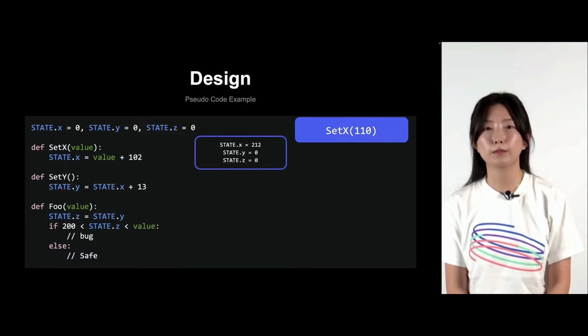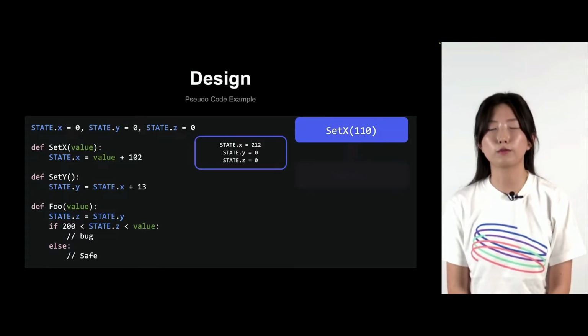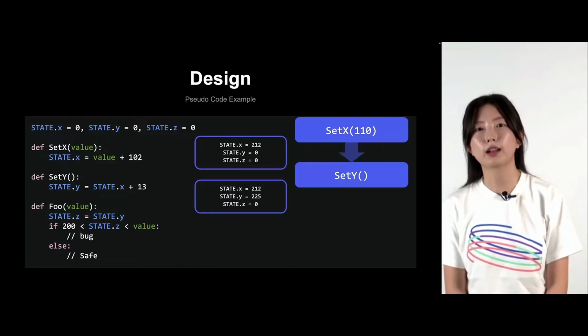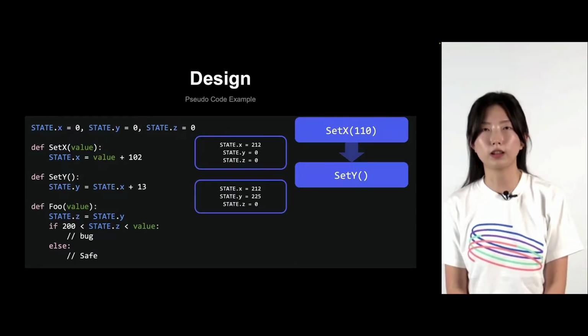So the setx function is known to change a certain state. You put that seed in the fuzzing pool, and you execute setY, and you send another query again, and you find out that the y value has changed.